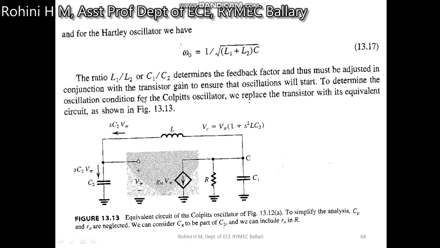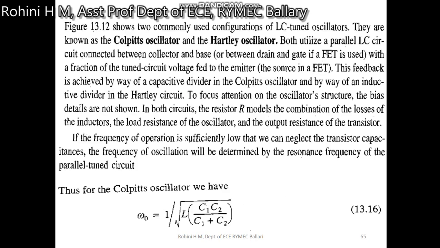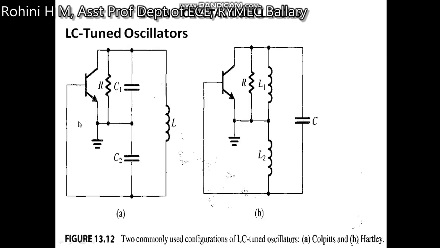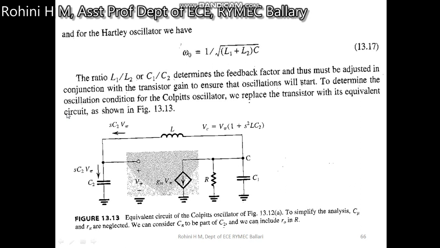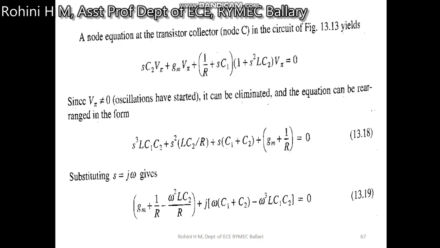To determine the oscillation condition for the Colpitts oscillator, we replace the transistor with its equivalent circuit. So what we are doing is writing the small signal equivalent circuit of the Colpitts oscillator. This is the small signal circuit of the Colpitts oscillator.